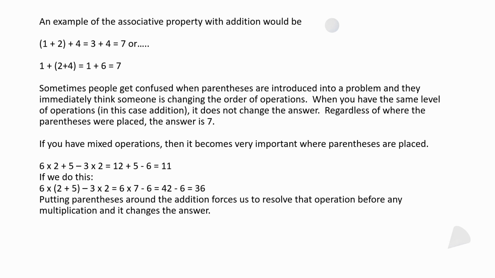So you can see here putting parentheses around the addition forces us to resolve that operation before any multiplication, so it changes the answer. We went from having no parentheses and an answer of 11, to putting parentheses around the 2 plus 5 and ending up with 36.